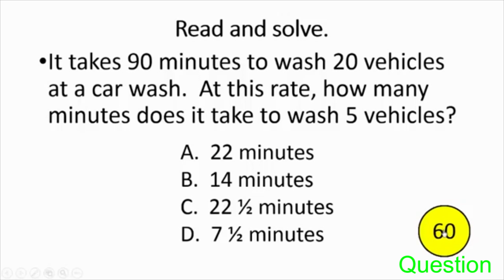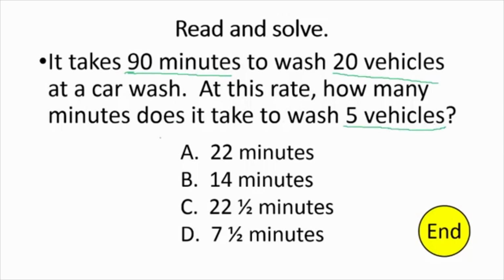Next question, 60 seconds. Ready, go. Alright, it takes 90 minutes, we're going to need that number, to wash 20 vehicles at a car wash. At this rate, how many minutes does it take to wash 5 vehicles? I'm going to show you 2 quick ways to solve this. The first is setting up a proportion.